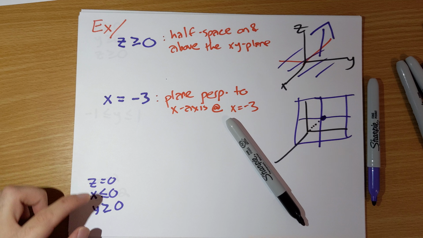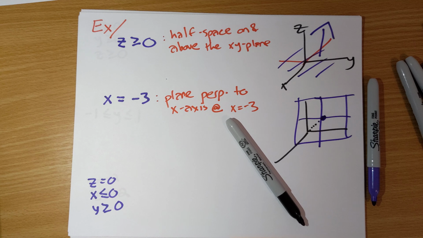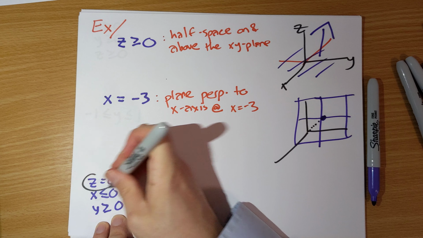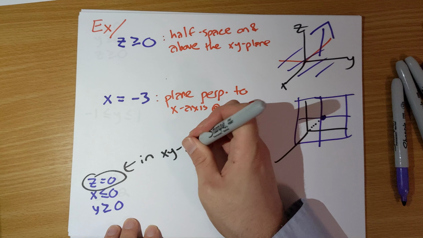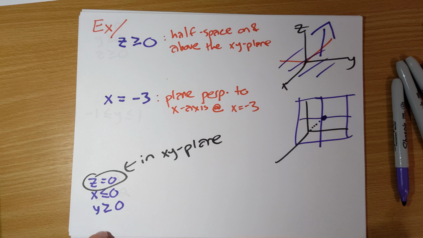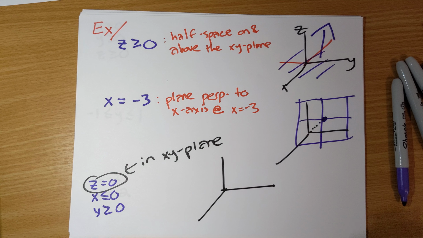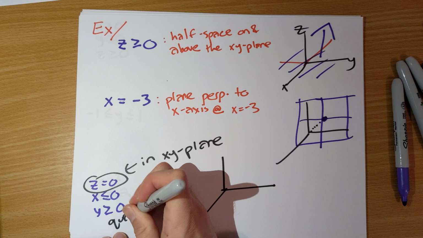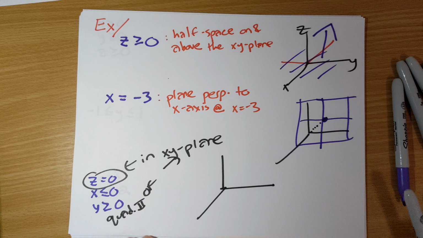Here, z is equal to 0, x is less than or equal to 0, y is greater than or equal to 0. The z is equal to 0 tells us that we're in the xy plane. And x is less than or equal to 0, y is greater than or equal to 0, so this is going to be quadrant 2 of the xy plane.